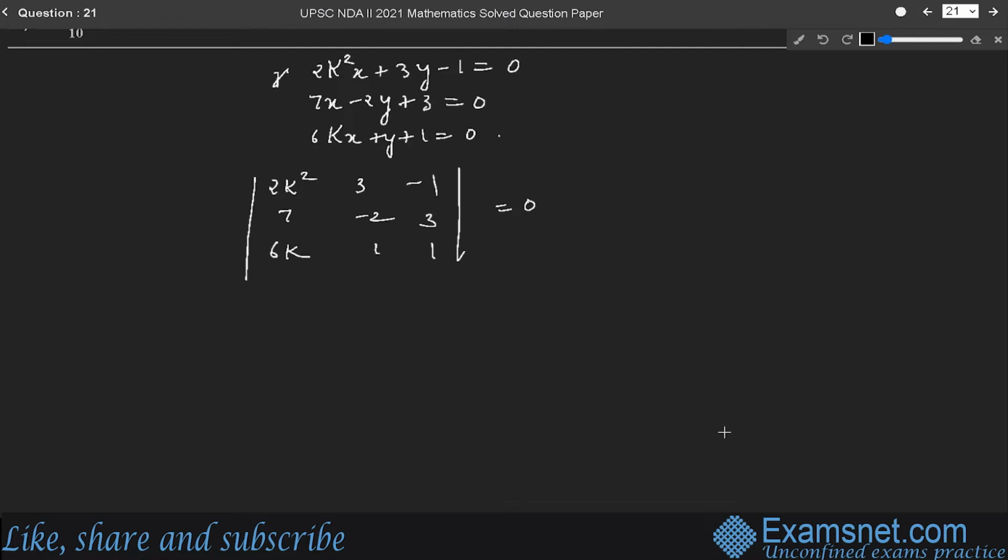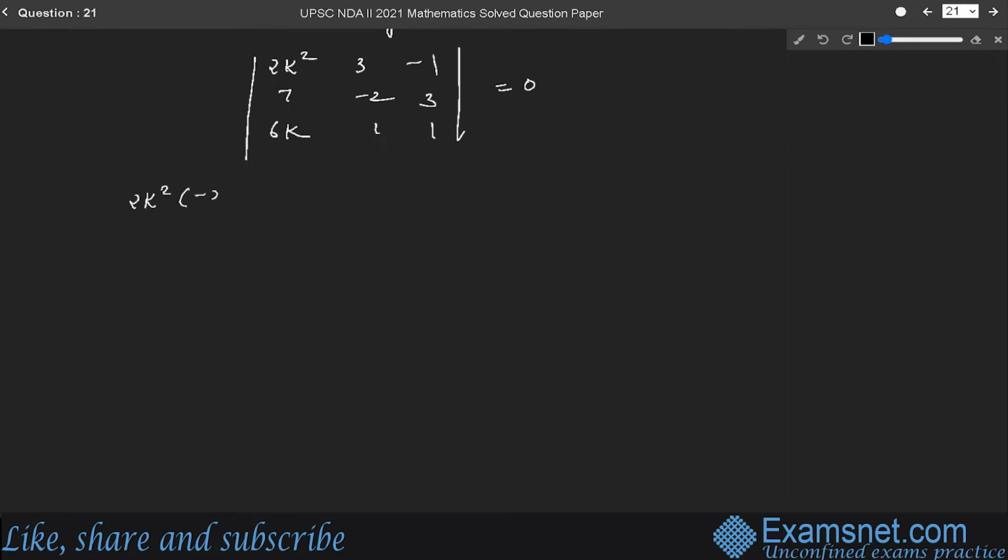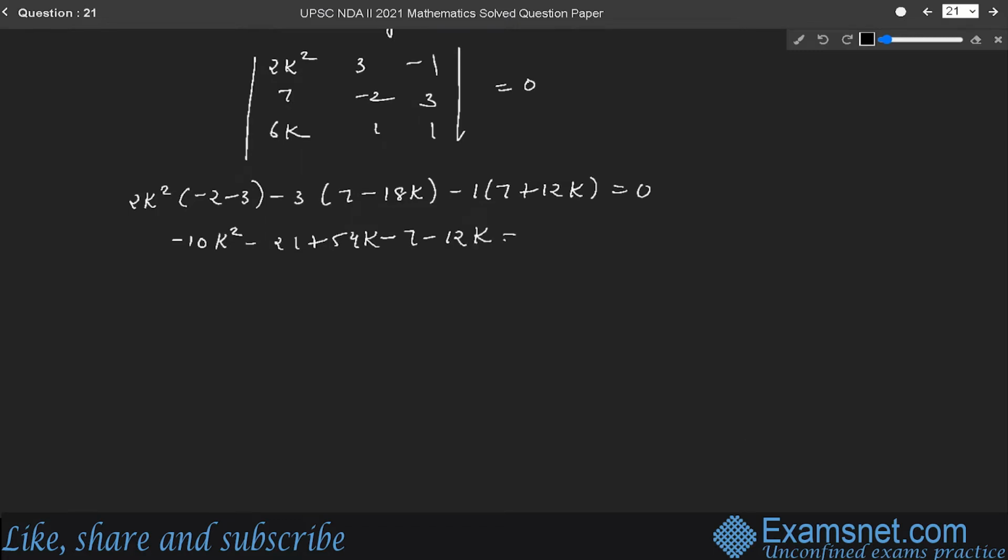So on expanding this determinant, we will get 2k² into (-2 - 3) - 3 into (7 - 18k) - 1 into (7 + 12k) equal to 0. It will be -10k² - 21 + 54k - 7 - 12k equal to 0. -10k² + 42k - 28 equals 0.